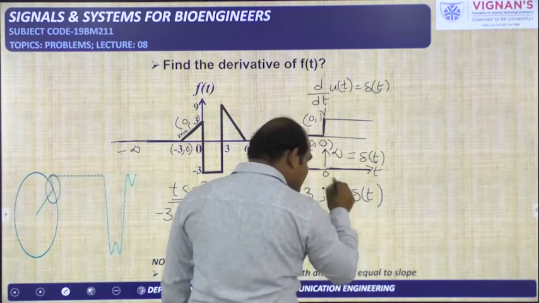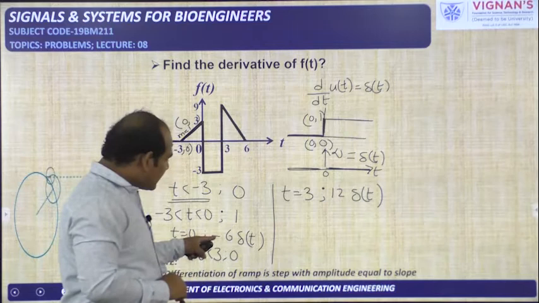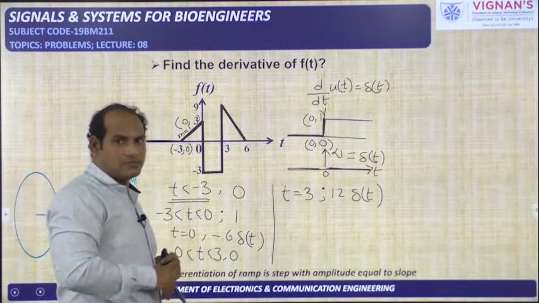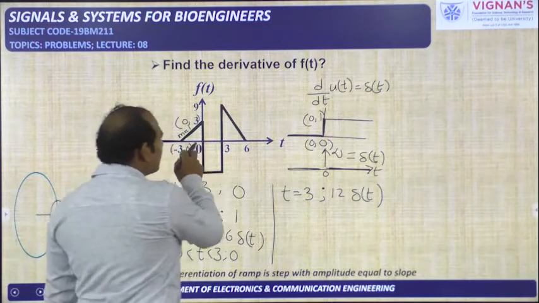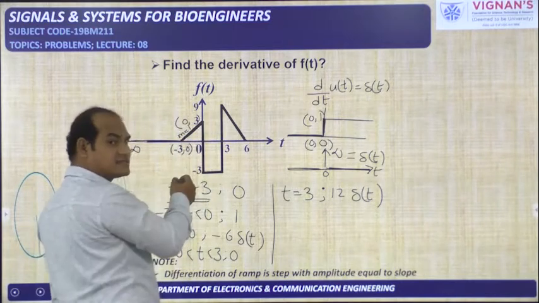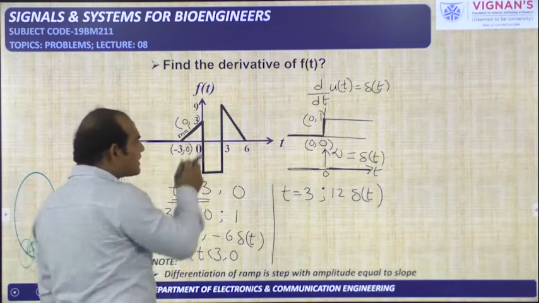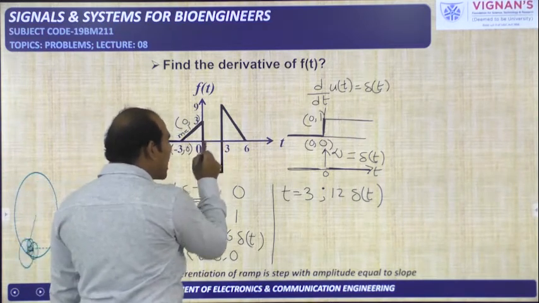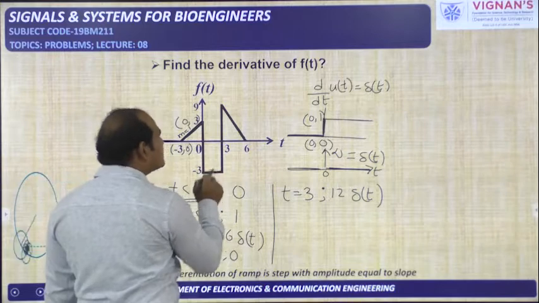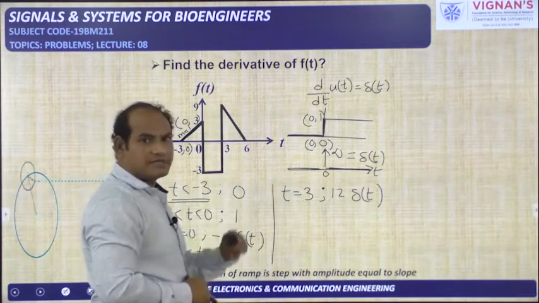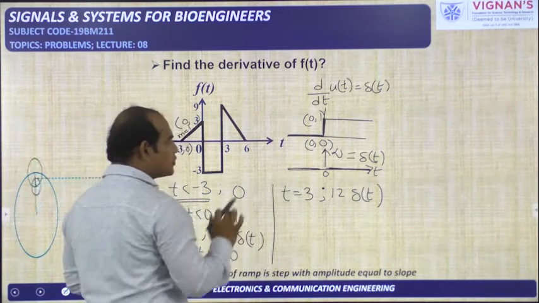Here we have taken plus 12 into del of t. Earlier we took minus 6 into del of t, because we have to perform final minus initial. At t equal to 0, the amplitude changes from 3 to minus 3. At t equal to 3, the amplitude changes from minus 3 to 9. That means 9 minus of minus 3, that is 12. So this is also over.